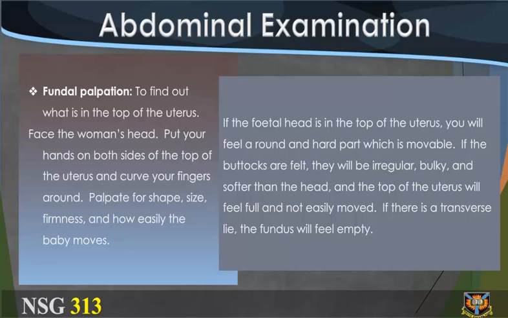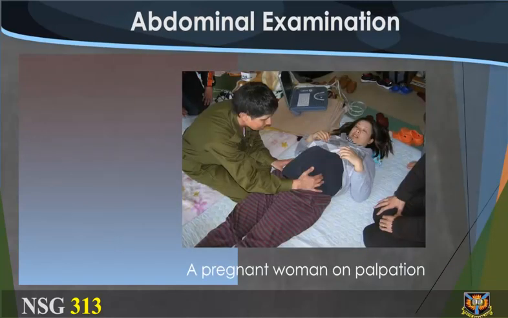If the buttocks are felt, they will be irregular, bulky, softer than the head, and the top of the uterus will feel full and not easily moved. Diagram of a pregnant woman on palpation.